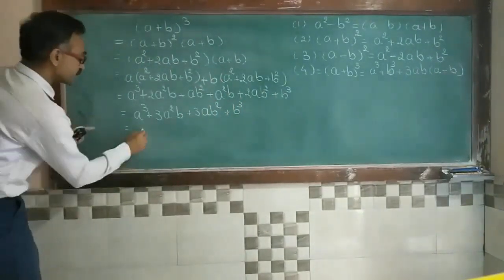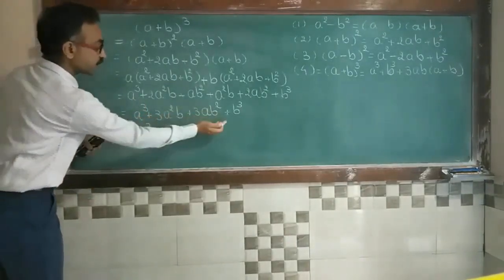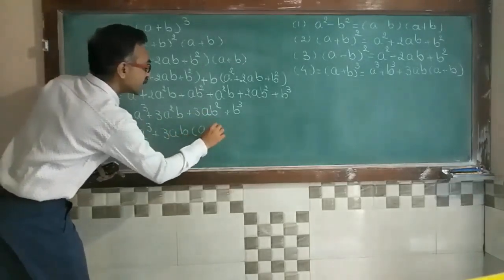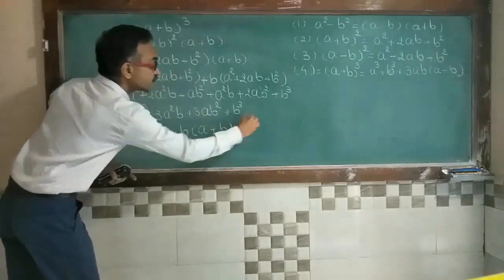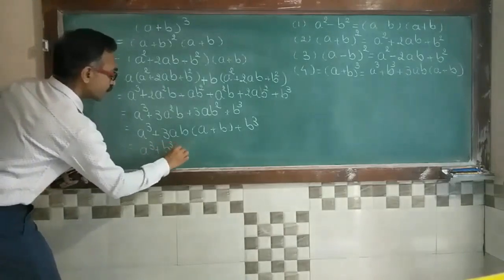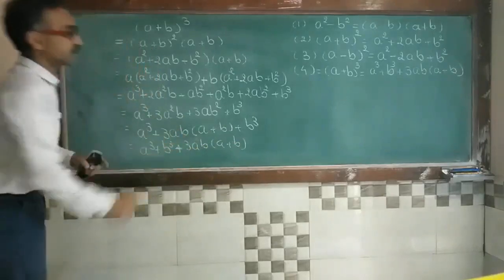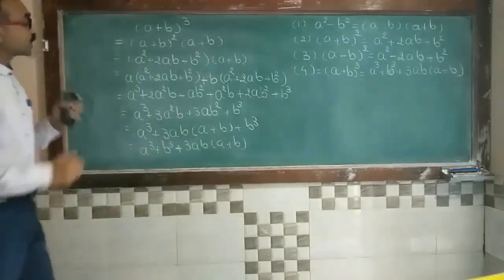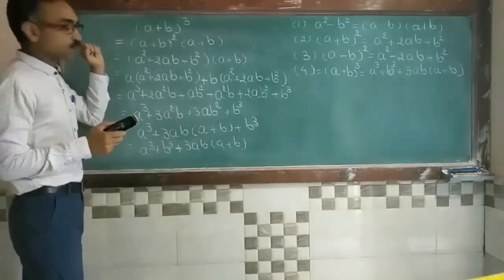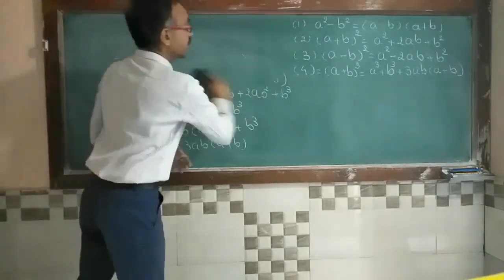So the answer is a cube plus, if we take 3ab common from both the terms, 3ab, remaining is a plus b, and plus b cube. So you can write a cube plus b cube plus 3ab into a plus b. Now if you are given minus here, then what will you do? Put minus here. So we have to do that.